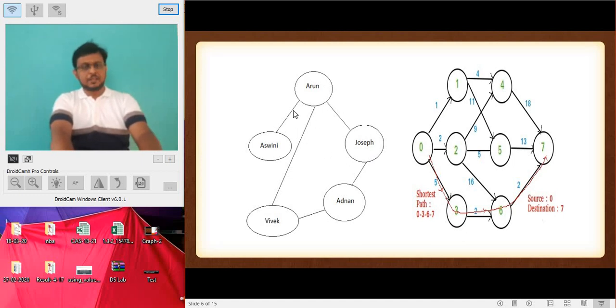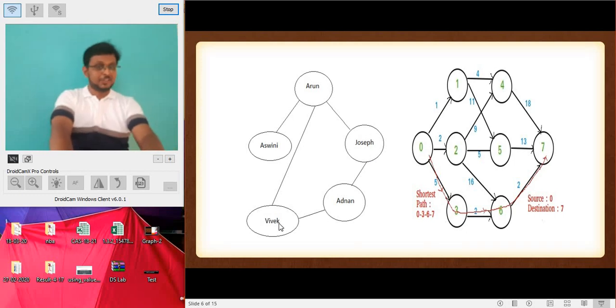These members can be represented by a graph, and by using graph theory, the suggestion for Arun can be made in this way: you can have a friend like Adnan, because Adnan is a friend of your friend Vivek, and he is also a friend of your friend Joseph.